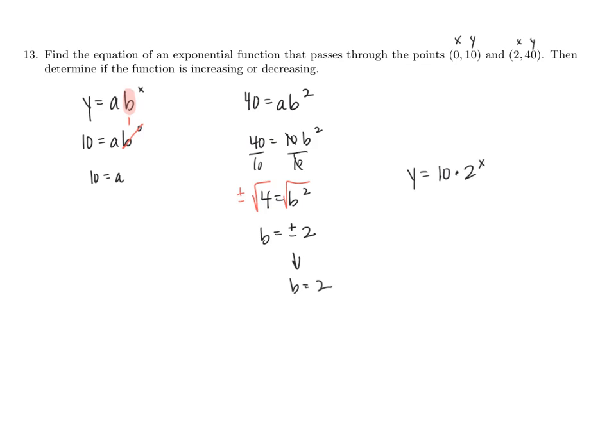Remember, the whole goal here is to find A and to find B so that you can write your equation with a number for A and a number for B and the variables X and Y. That's your whole goal. And so we've done that. The second part is determine if the function is increasing or decreasing. This function is increasing.